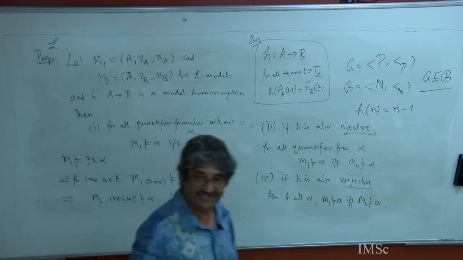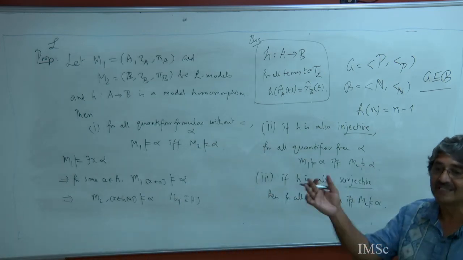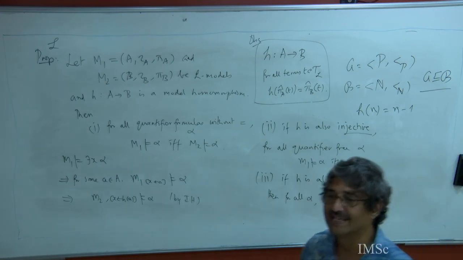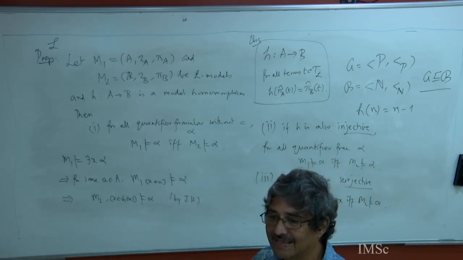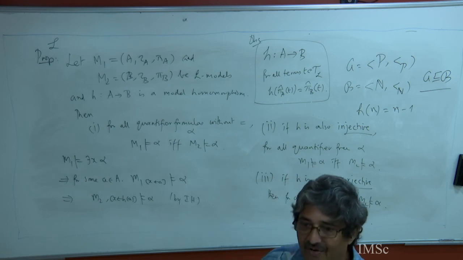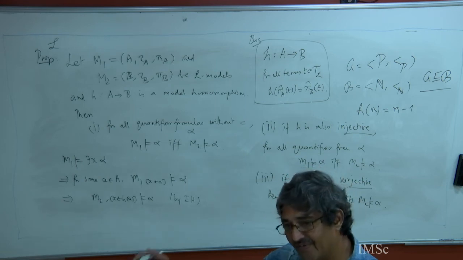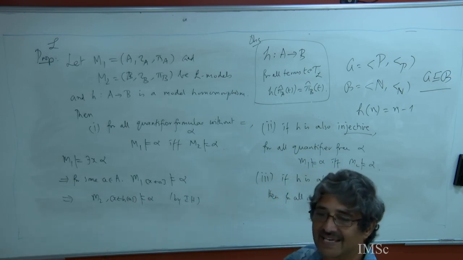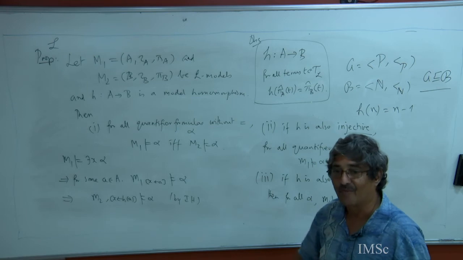Remember, induction hypothesis really says for all models M1 and M2, if you have a homomorphism, then this model with whatever assignment you have satisfies alpha if and only if the model with the homomorphic image satisfies alpha. That's exactly the homomorphism of models.